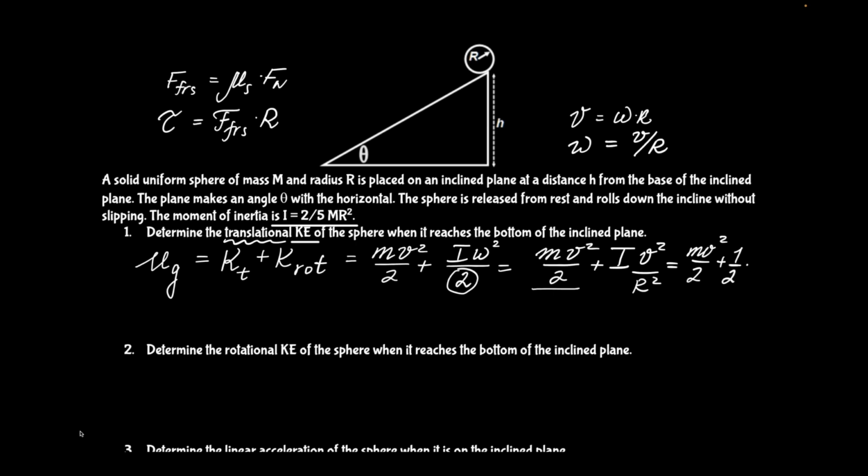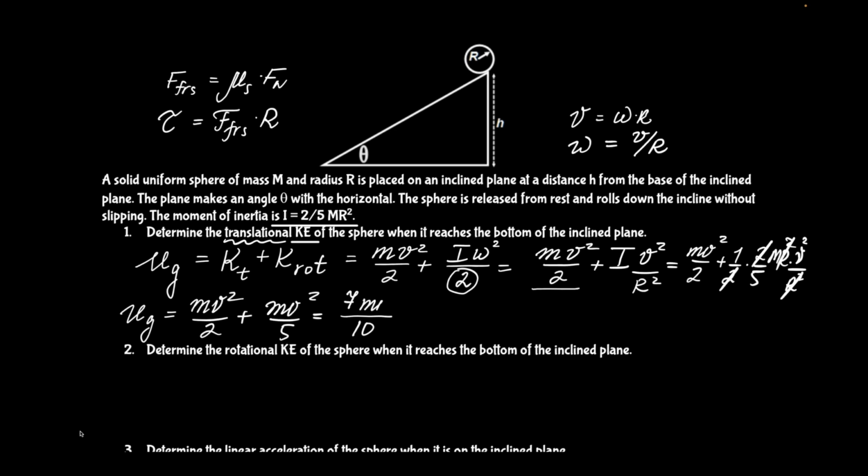Then I'm going to replace I with 2/5 mr squared, and then multiply that finally by V squared over R squared. A little bit cramped up. So now I'm going to consolidate that to UG equals mv squared over 2 and then mv squared over 5. Hello, middle school. Common denominator being 10, 7/10 mv squared.